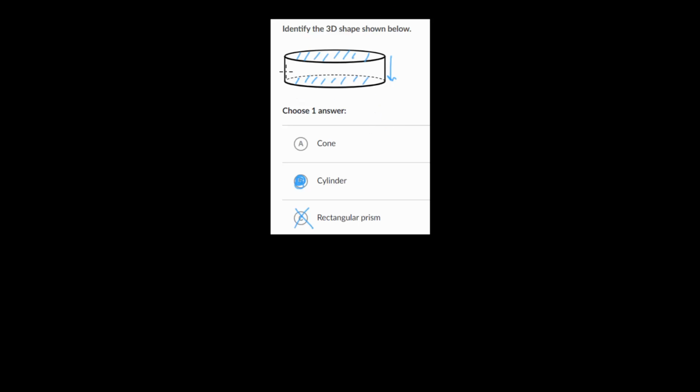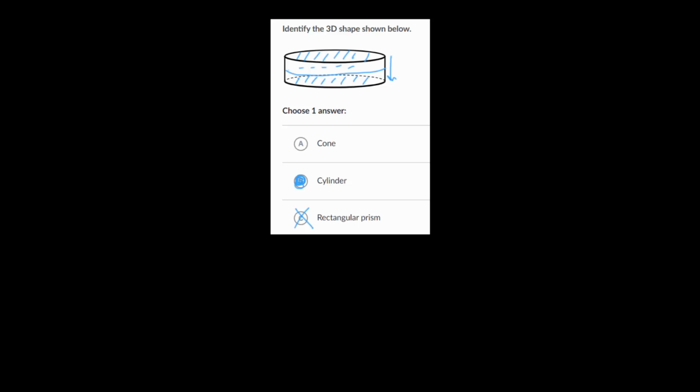And you can imagine if you cut out some section along the way, this will be a little bit hard to draw, but if you cut out a cross section, then that cross section would also have the same area. So that's how you determine a cylinder. A soda can would be roughly in the shape of a cylinder.